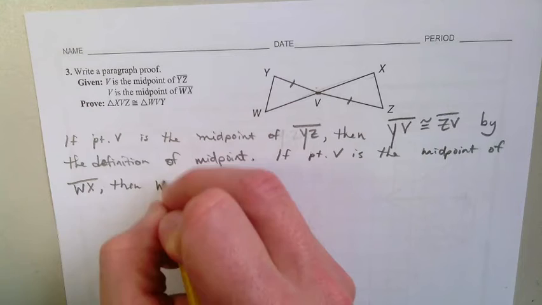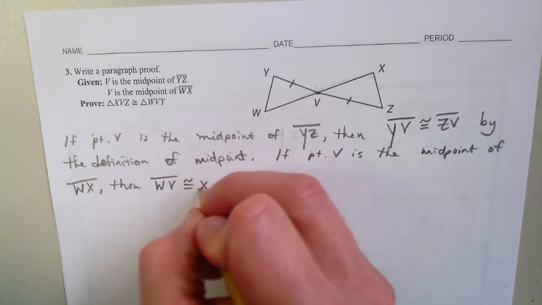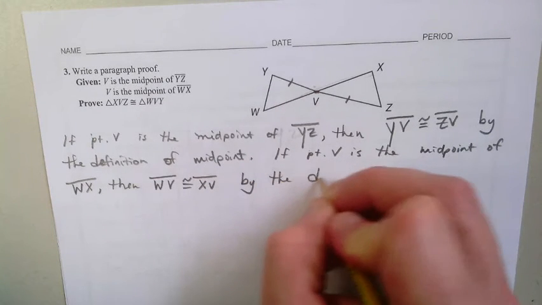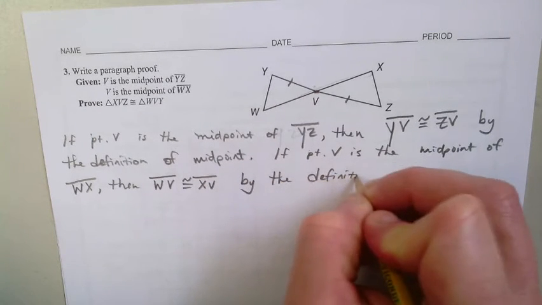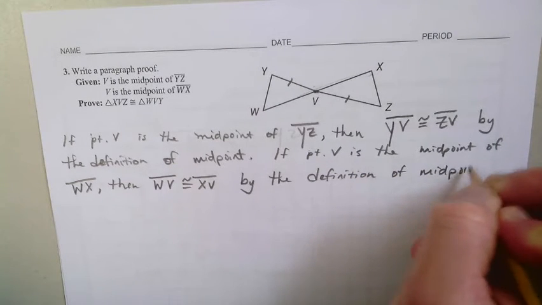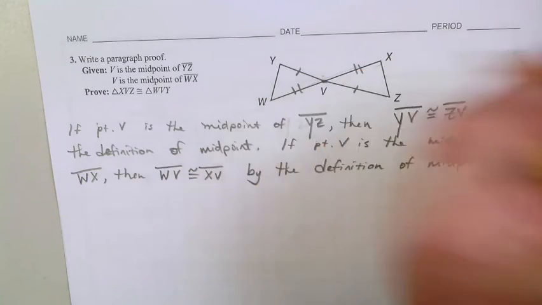Then WV is congruent to XV, again by the definition of midpoint. Again, I'm going to mark it just like that.